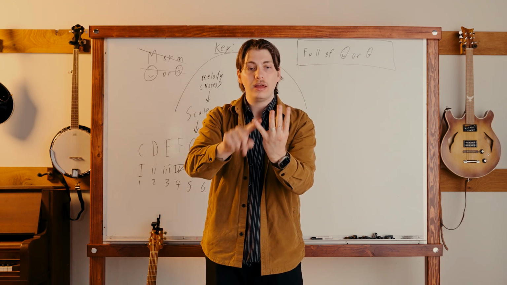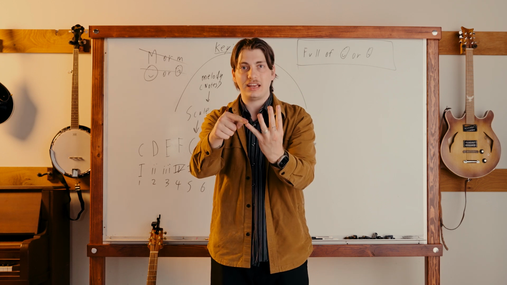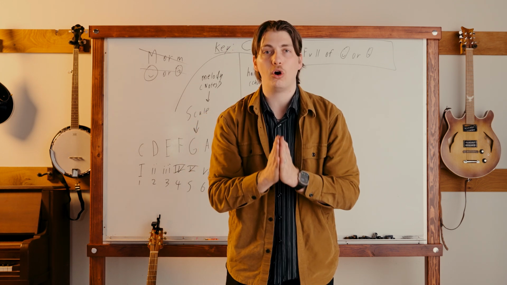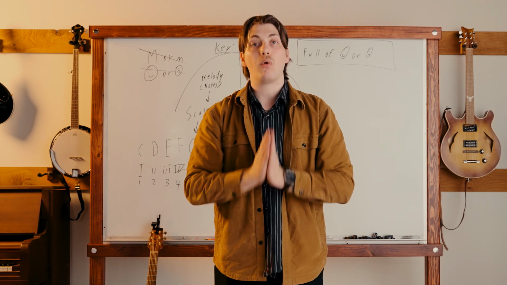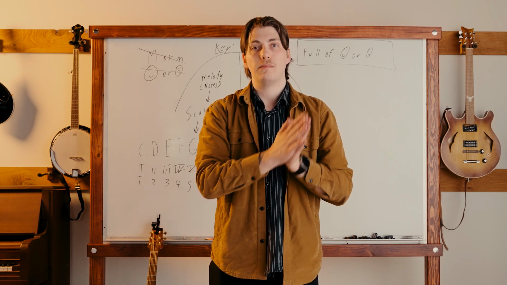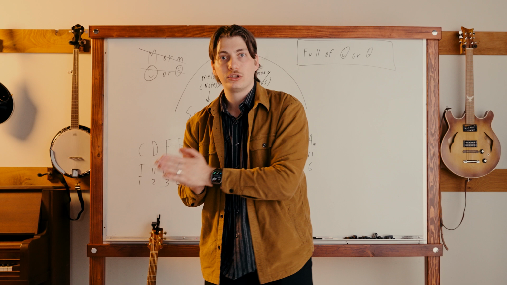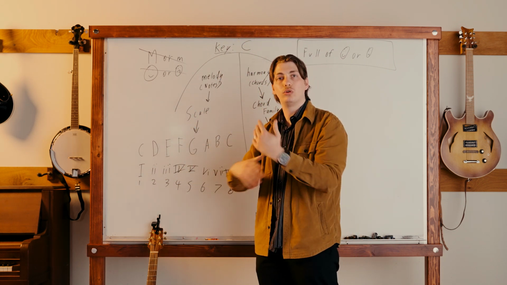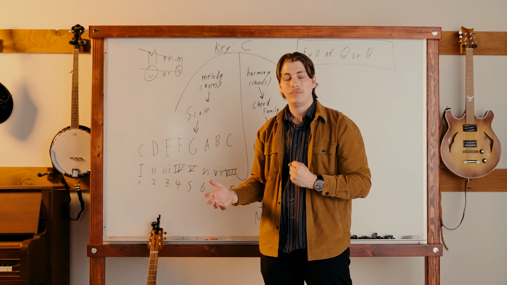And the 4 in the key of G is C. All right? I know that that's so much, but I promise you this will make sense the more that you begin to hear it, okay? So if you need to, go back and watch this video a couple of times to really understand this, okay?